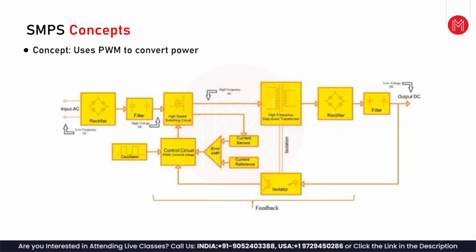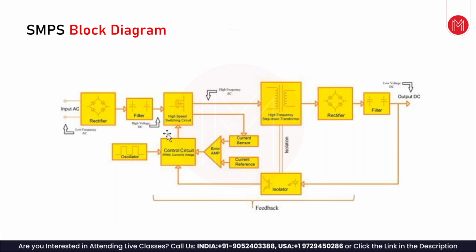This is the block diagram of an SMPS power supply, mostly like a flyback kind of power supply. It has the rectifier, the filter, high speed switching, and a transformer for isolation purposes. Then there may or may not be a rectifier here, and the output filter, and feedback from the output back into the control circuit.